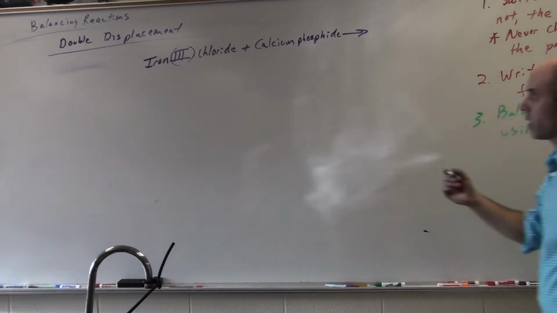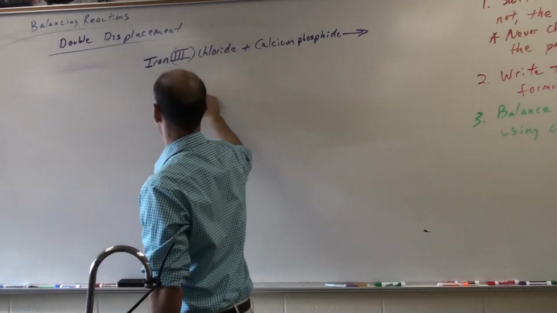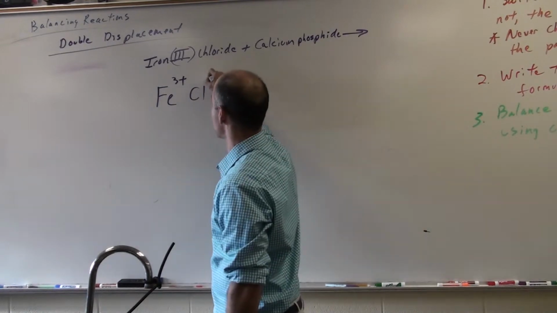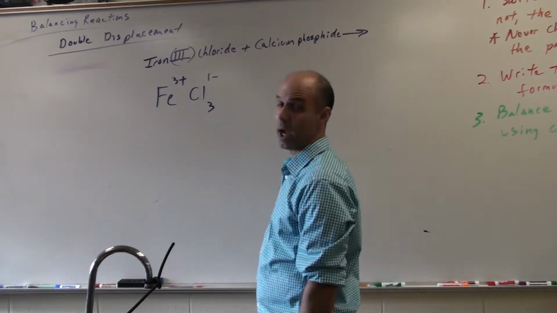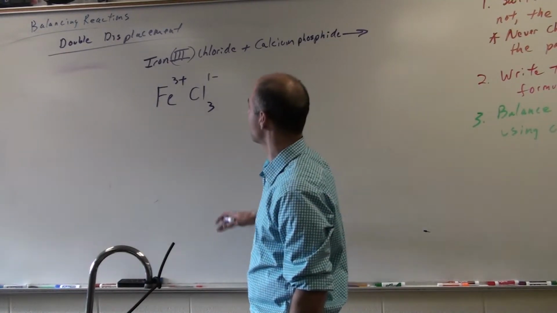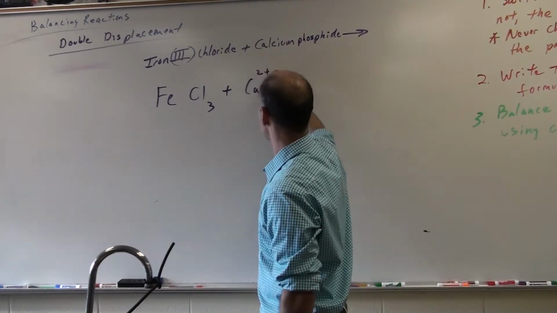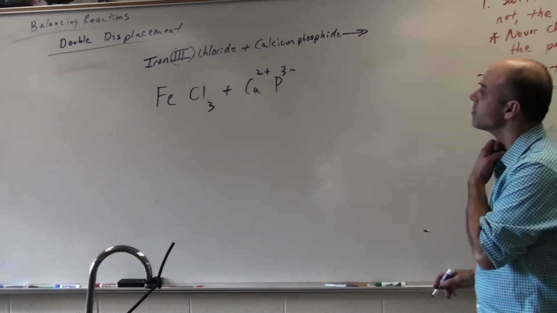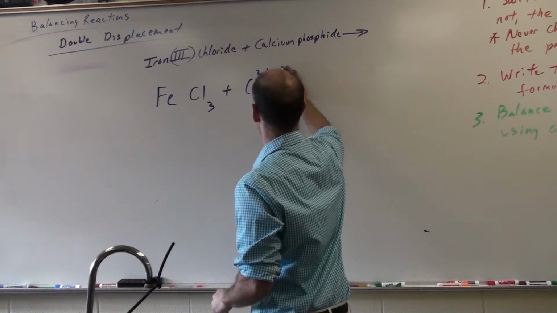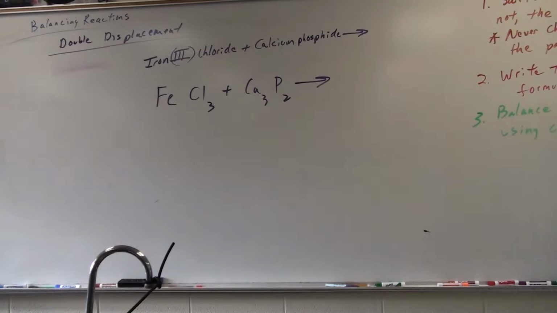So, what's the charge on iron? 3, because the Roman numerals tell us it's 3. Chlorine is -1, because we memorized that from the columns. We end up with iron chloride. Calcium is in the +2 column, phosphide's in the -3 column. So you end up with a 3 there and a 2 there. So that's what we're going to balance now, iron chloride reacting with calcium phosphide.